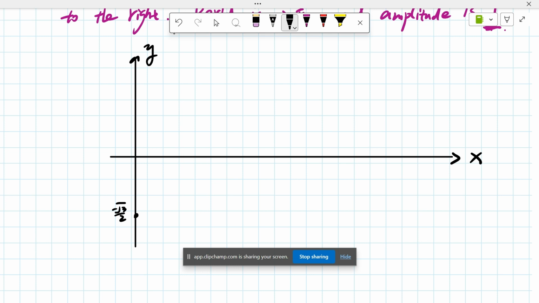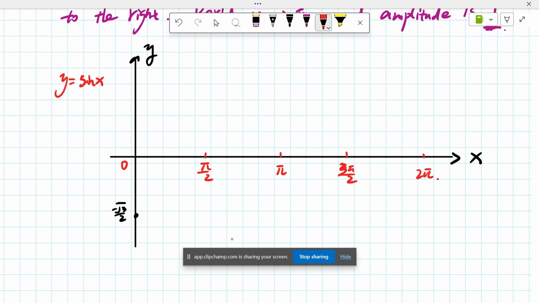And also, because we move the whole thing, if I graph my original one, y equal to sine x, you always start from 0, right? So that's pi on 2, that's pi, that's 3 pi on 2, and that's 2 pi.